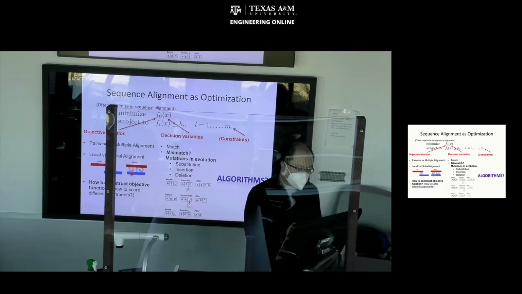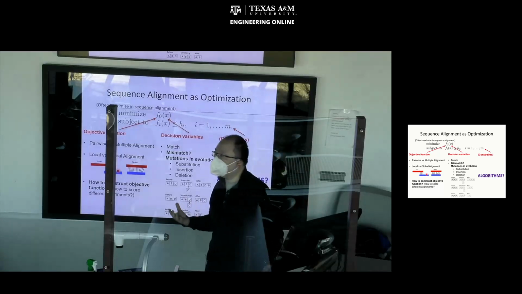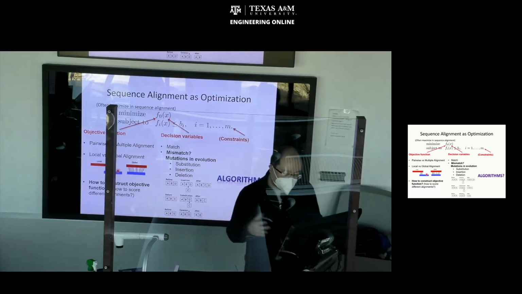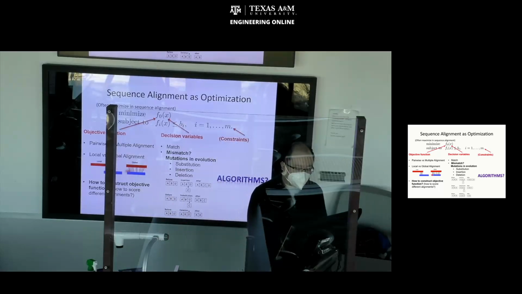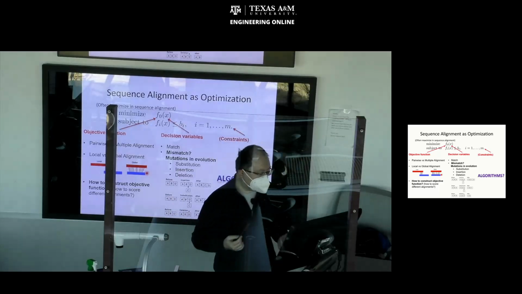In the case of local, you're fine to find some local motifs that are shared across the two sequences, and you don't penalize these red aligned to gap or gap aligned to blue that much because you are looking for local motifs shared across sequences. But sometimes you are looking at the global similarity between two sequences.